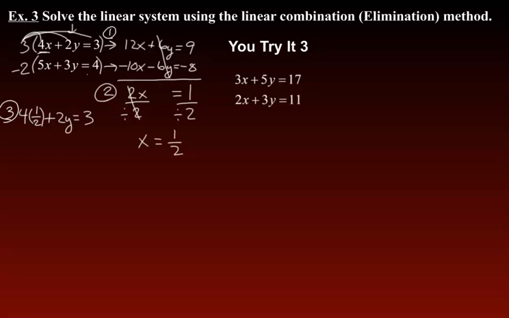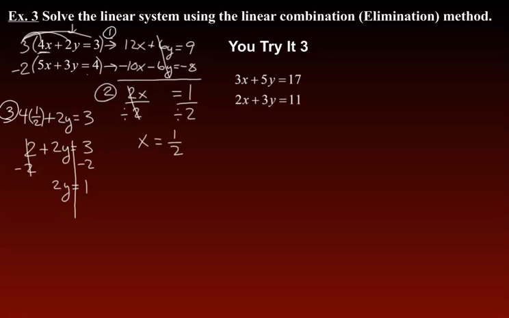Half of 4, hopefully you said 2 in your head, and we bring the rest of the equation down. Now we want to solve this, so we have to get the 2 to the other side. So we subtract 2 so they cancel. We get 2y equals 1.